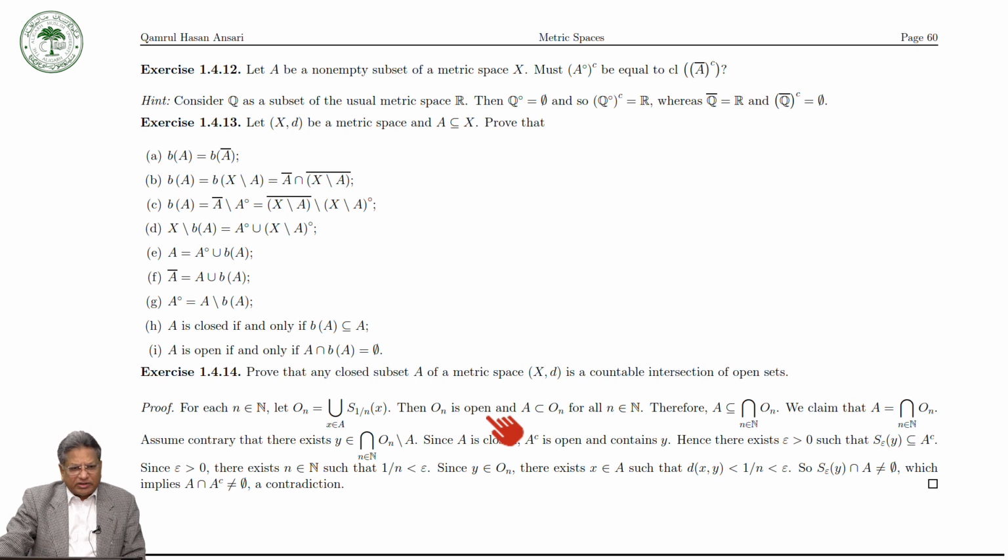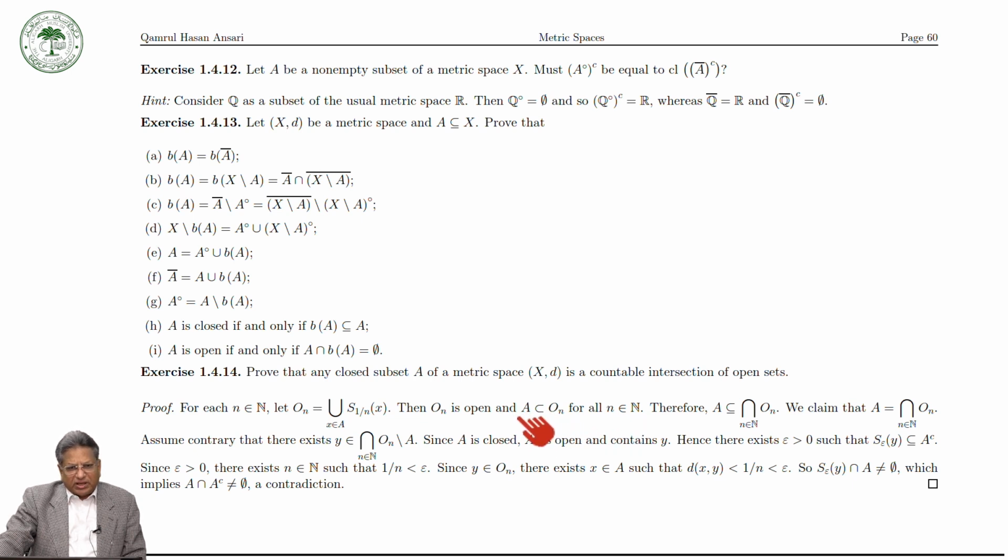And not only this, because at each point of A we are having an open ball and we are taking the union, it means that A must be a subset of O_n for each natural number n.